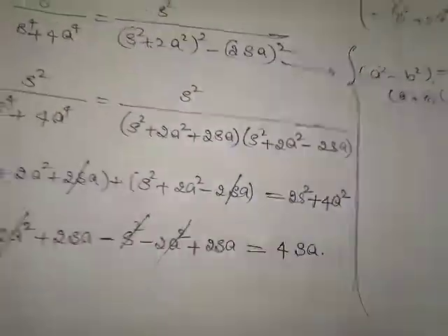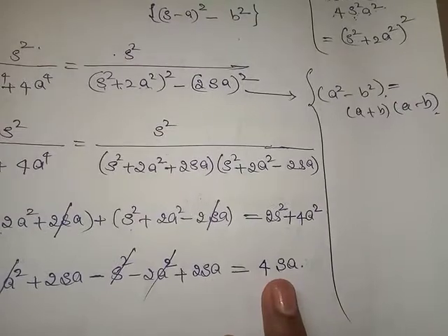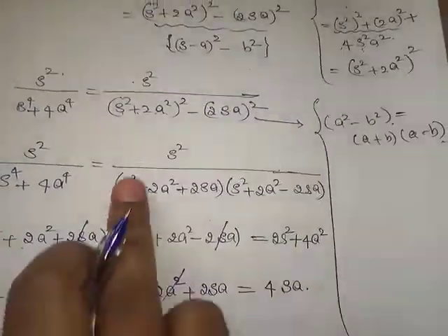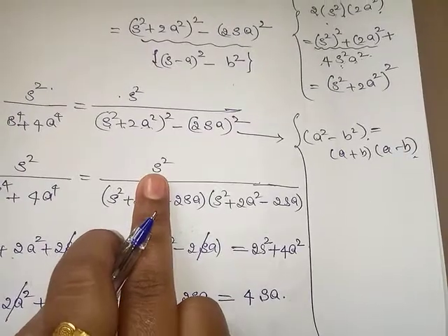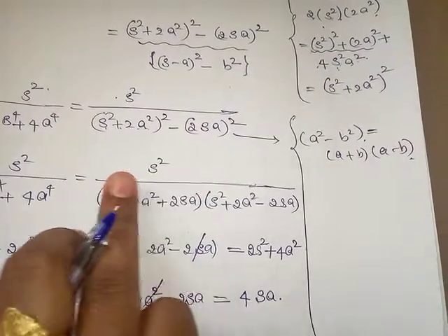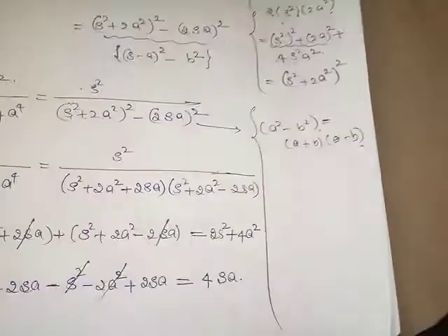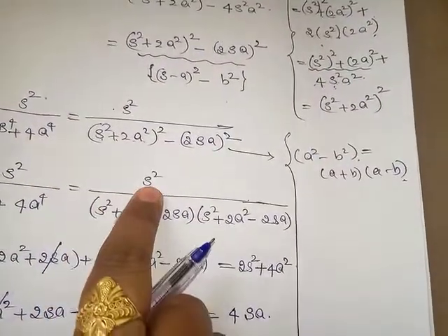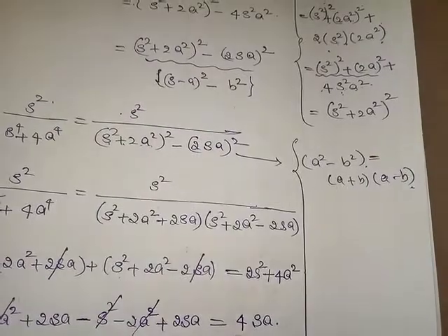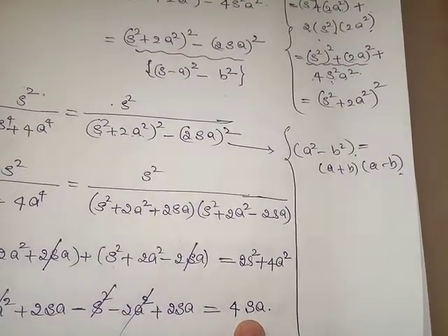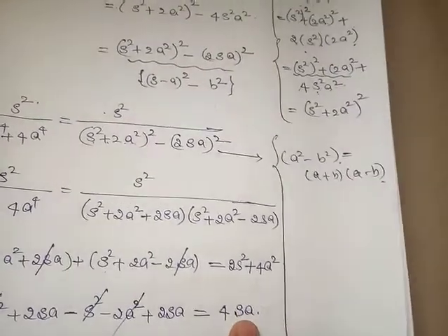In the numerator it will be 4as only when we multiply this term by s and divide by 4a. To get s², just multiply by s and divide by 4a.